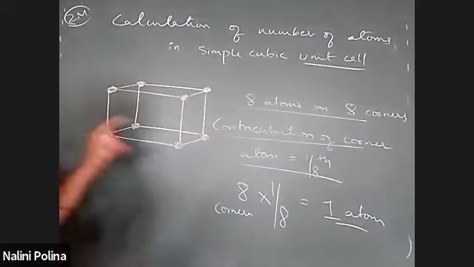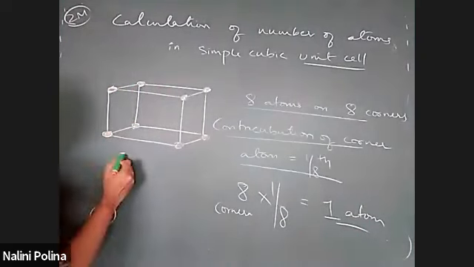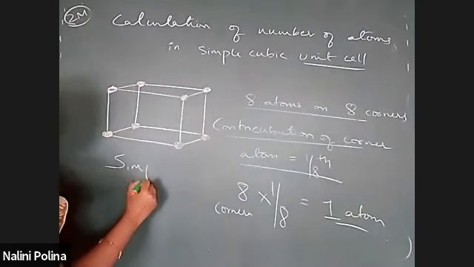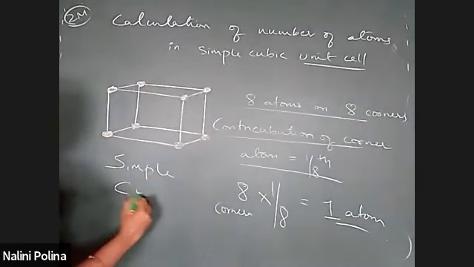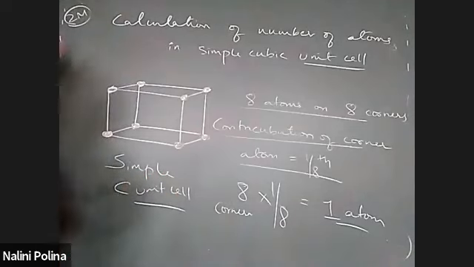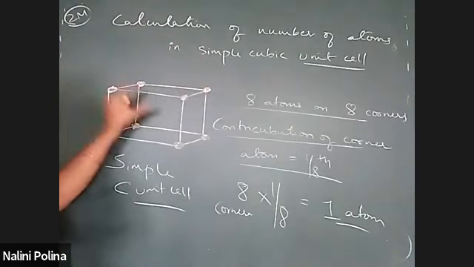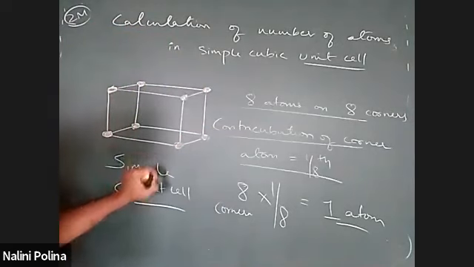This is how we calculate the number of atoms in a simple cubic unit cell. That's all. Likewise, we have to calculate the number of atoms for the face-centered unit cell and the body-centered unit cell.